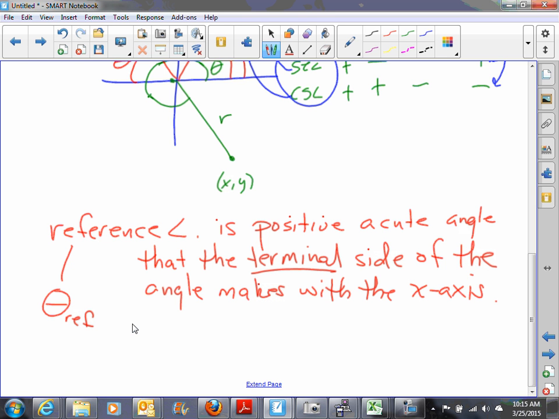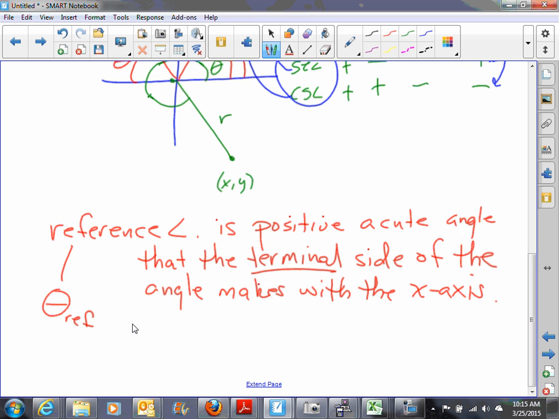If that is not your way, this is a really advantageous time to make it your way. But if it turns out that this is not your way, then there is a chart that gives you what to do to find the reference angle in the 4 different quadrants. And as we do multiple rotations of that terminal angle, it gets more and more confusing if you want to use the chart. But I'm telling you, if you do it that way, it is self-inflicted.